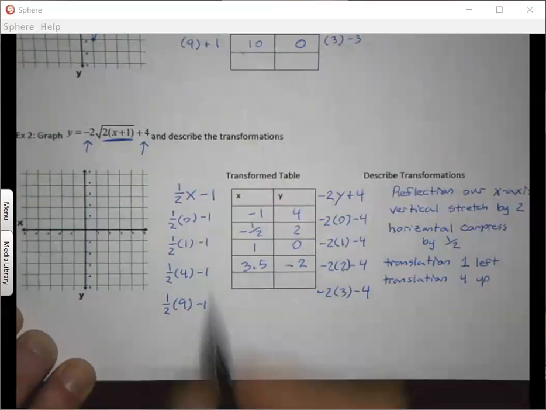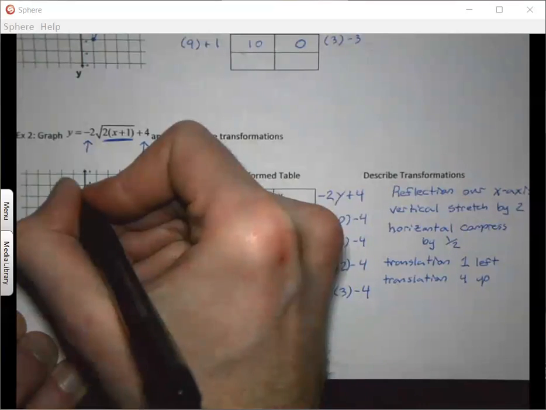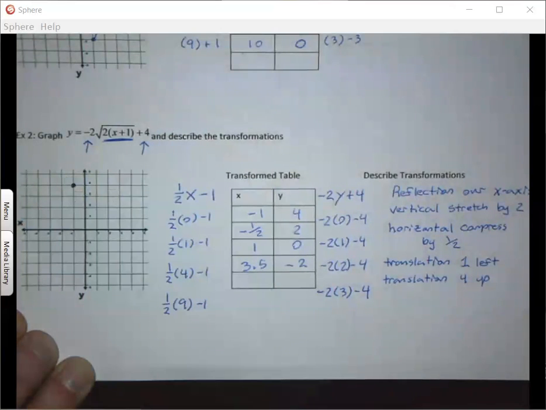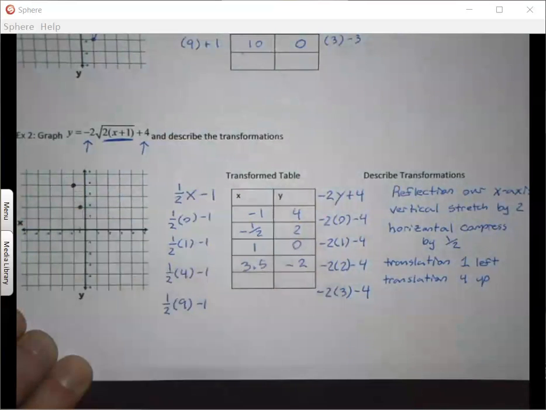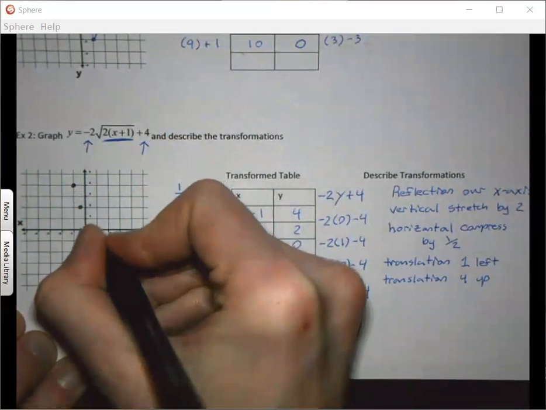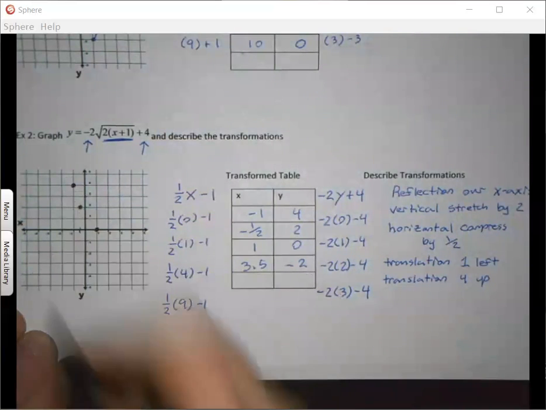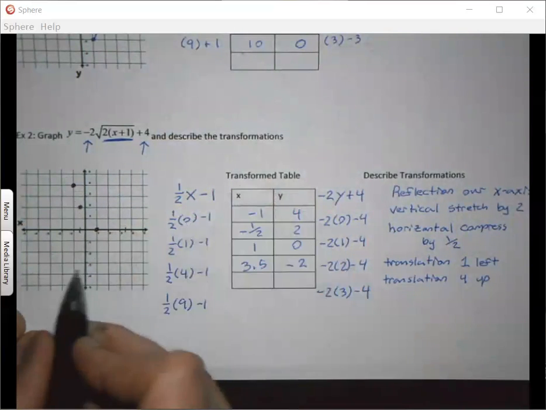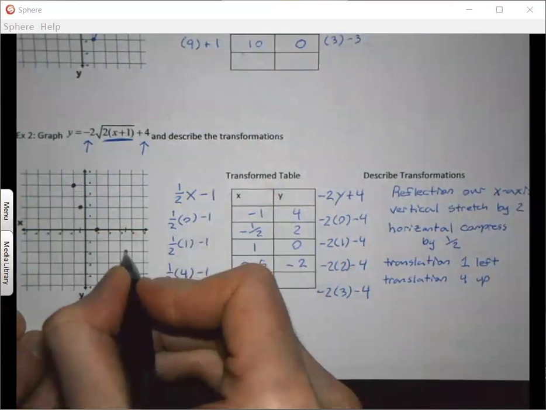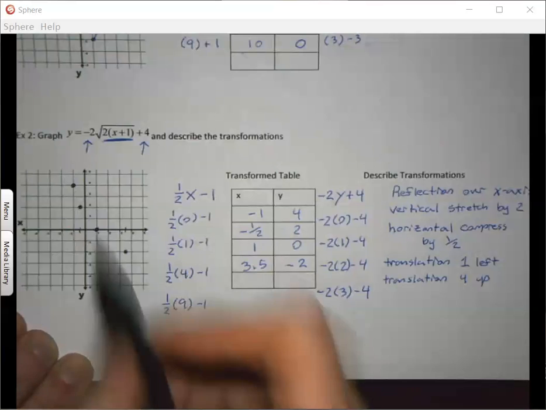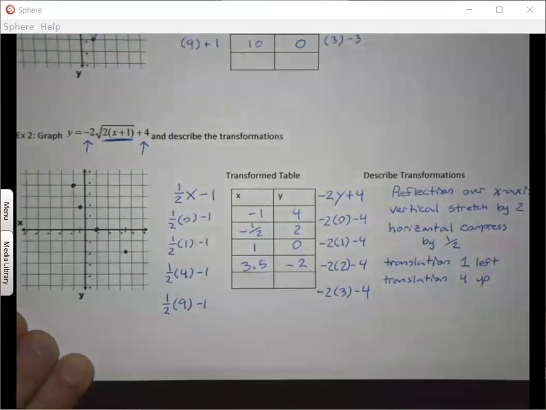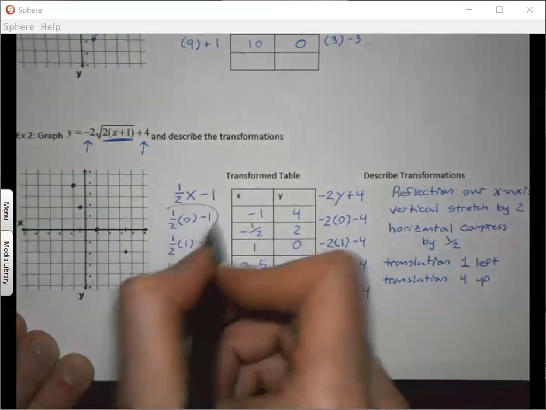So let's plot our points. Now, one way to remember or to find where you start after you've plotted your new points, remember the origin.